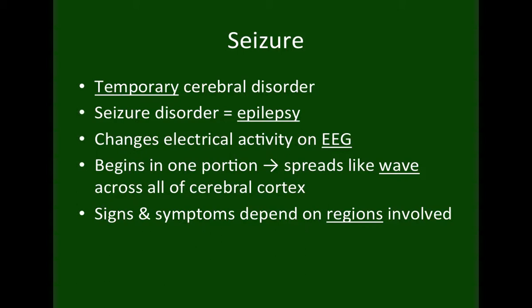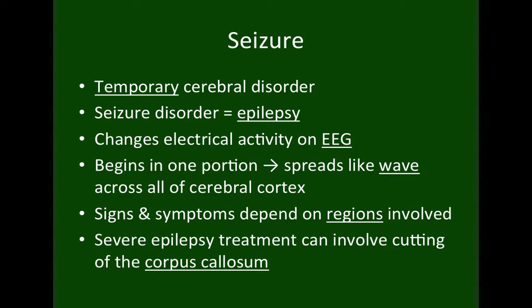Now, seizures obviously are very disruptive to a lifestyle. So in severe epilepsy, where you're having several seizures a day, you can actually cut the corpus callosum to try to alleviate some of the symptoms of the seizures. Basically, what cutting it does is it prevents the seizure from jumping to the other hemisphere of the brain.